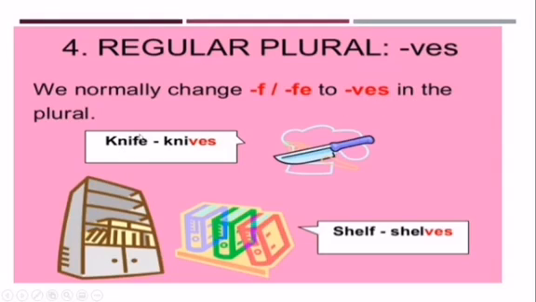For example, we say knife. So the ending of this is FE. We remove the F and we change it to a V. And we add ES. Knife, knives.